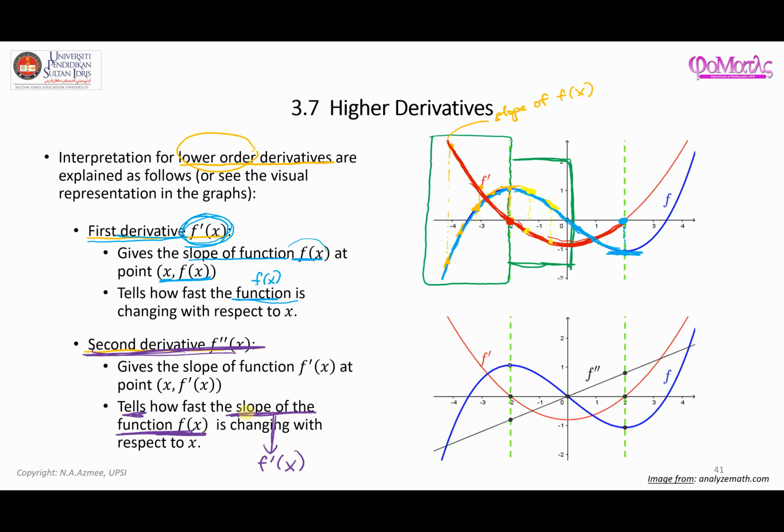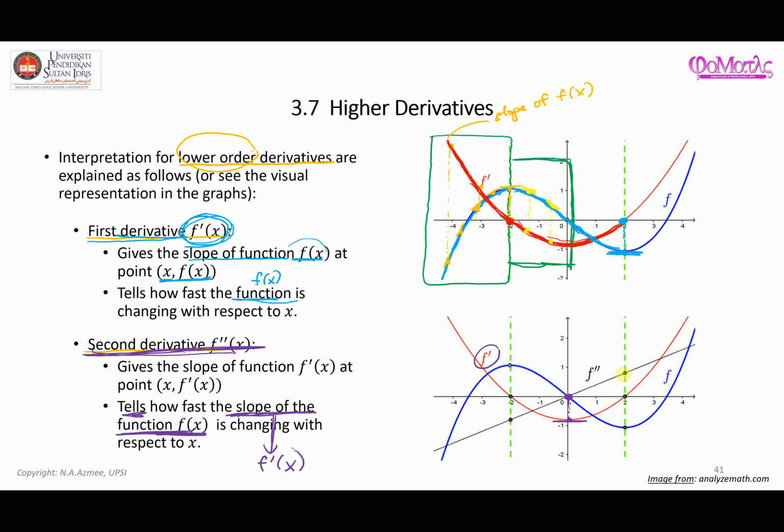So it tells you how fast f prime x is changing with respect to x. Now for example, at this point here, this is f prime. So at this point you will see that the slope of the tangent line here is equal to 0. So therefore we've got 0 on this.